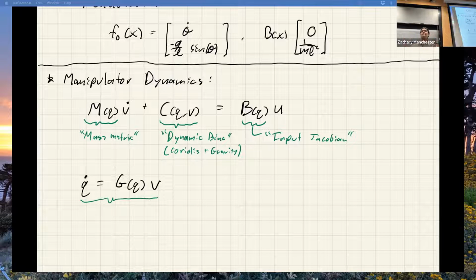So when you have a quadrotor, say, where the attitude is parameterized with a quaternion or a rotation matrix or Euler angles if you're sadistic, the mapping between omega, which is your angular velocity, and the attitude, which is the configuration, looks like this. There's some kinematic Jacobian matrix in there that maps omegas into Q dots for your Euler angles, quaternion, rotation matrix, whatever, right? So that's where this comes from.